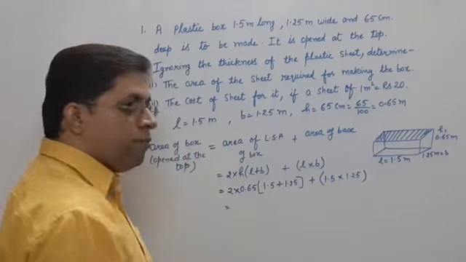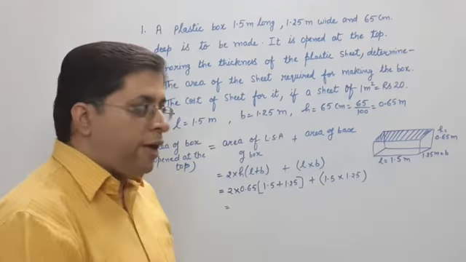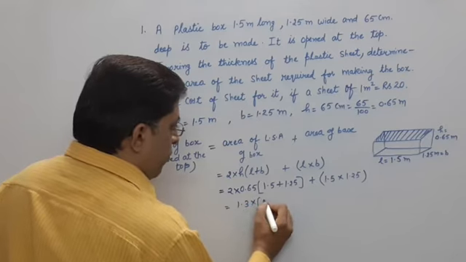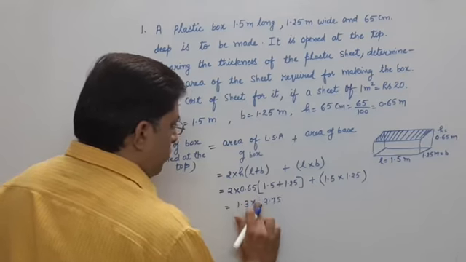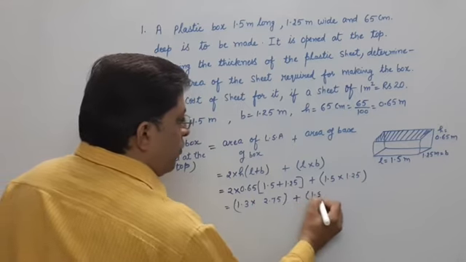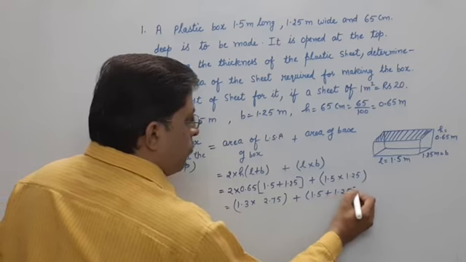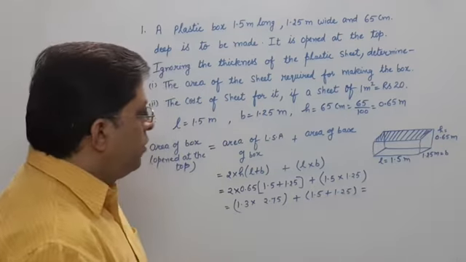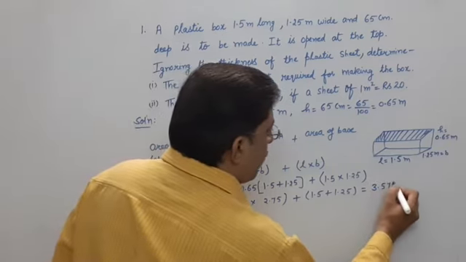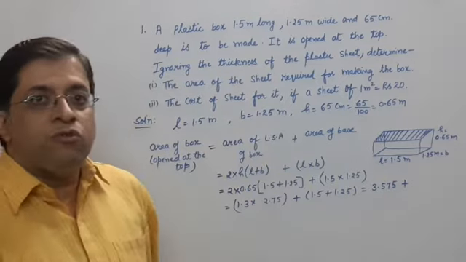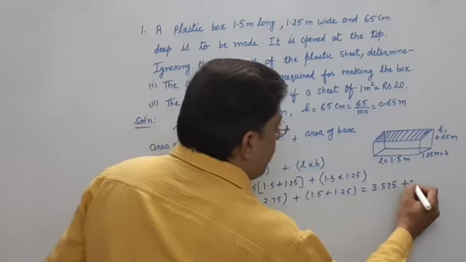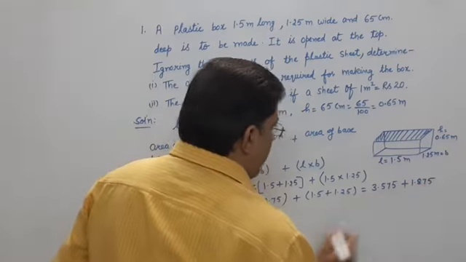So 2 into 0.65 will be 1.3, into 2.75, plus 1.5 into 1.25. Multiplying, you will get 3.575, and multiplying 1.5 and 1.25, you will get 1.875.